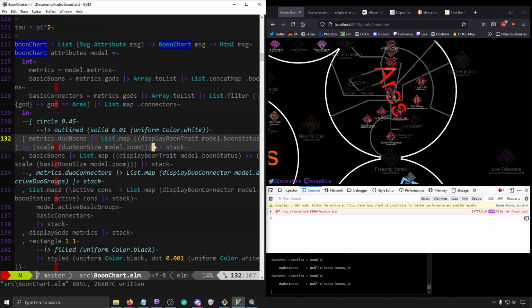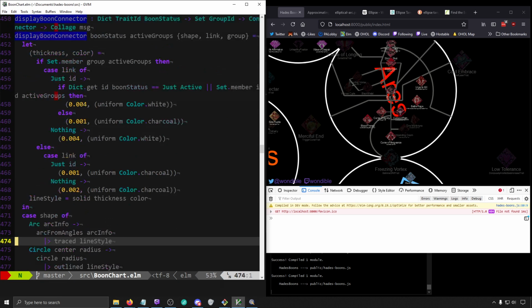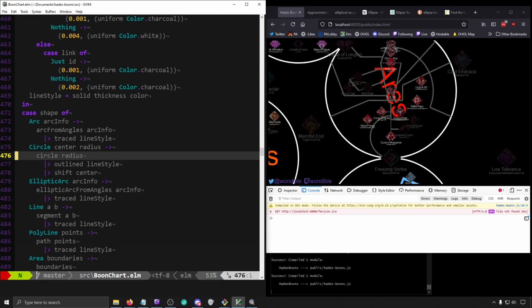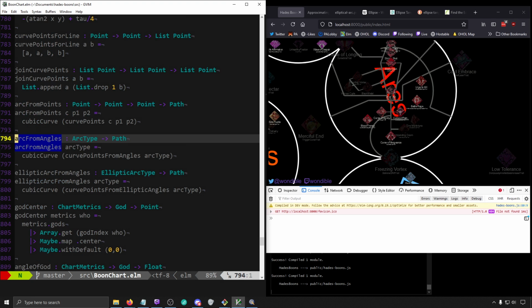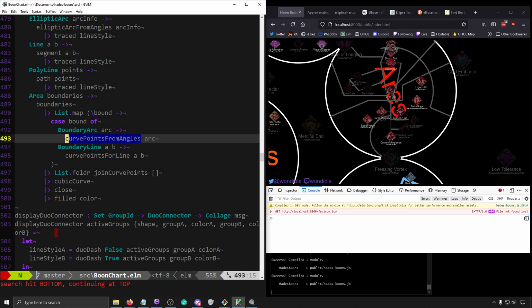Although maybe the calculations on this. No, because it's display boolean connector. This is not a boundary.